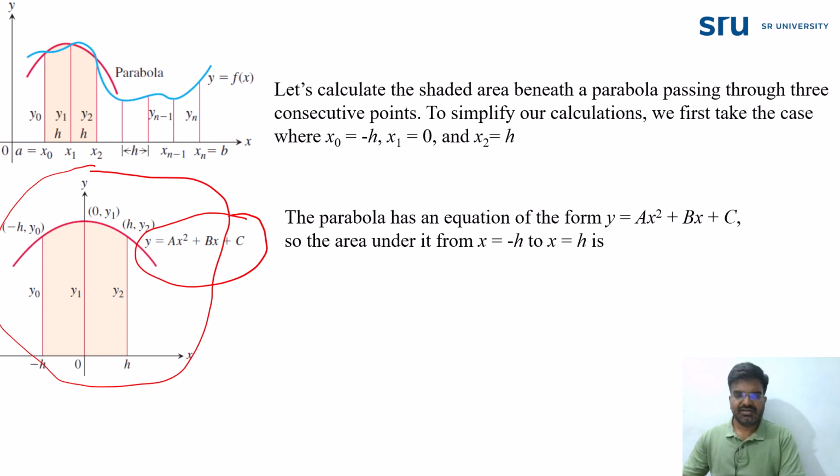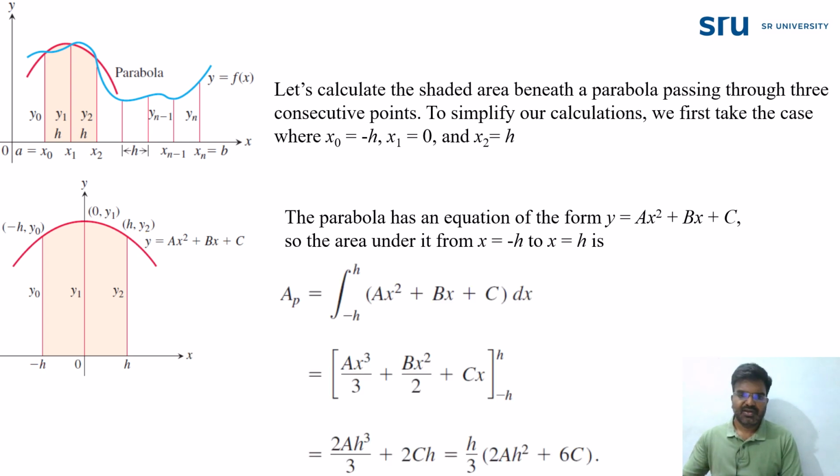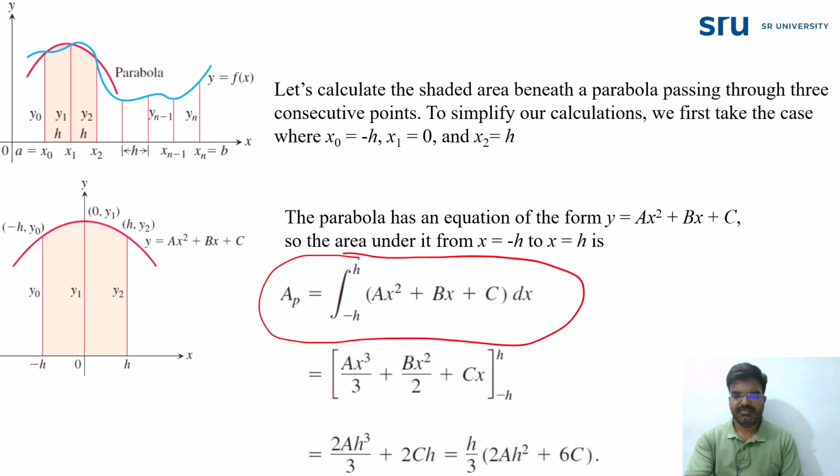Instead of the original curve, I can integrate this parabola equation. It means I'm approximating the integration of the original curve with the integration of the parabola. I'm taking the interval from minus h to h. See, what is the integration? Look at this. Instead of the original curve, we are integrating the parabola.